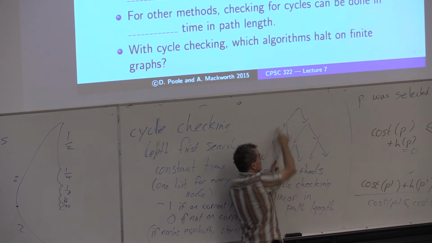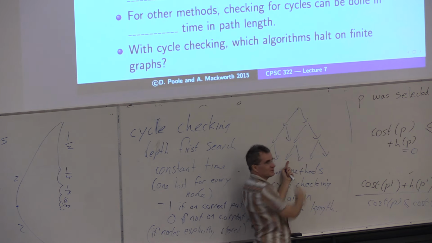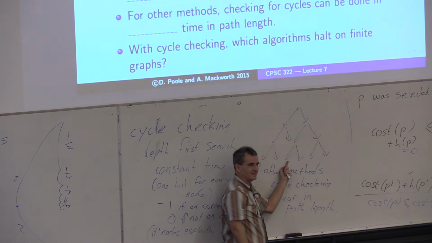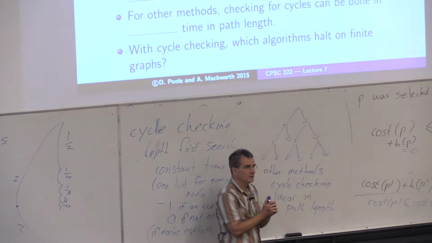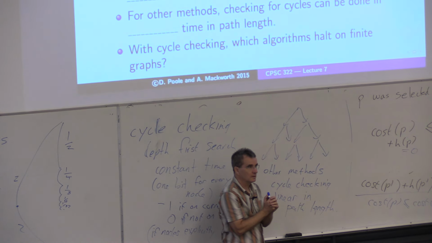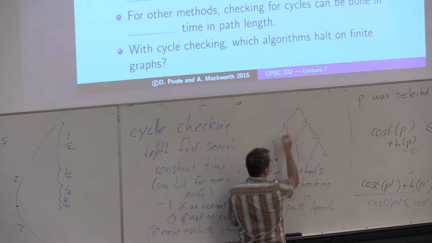So if you're doing this one, you only want to say yes to these 3 nodes. But when you move to this node, you want to say yes to those nodes. You have to find them.